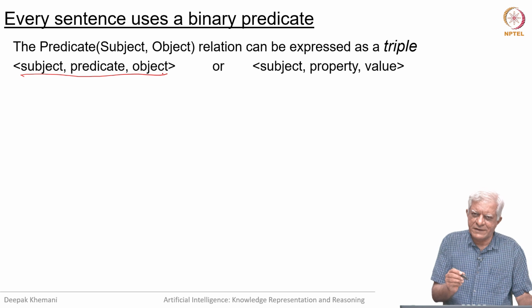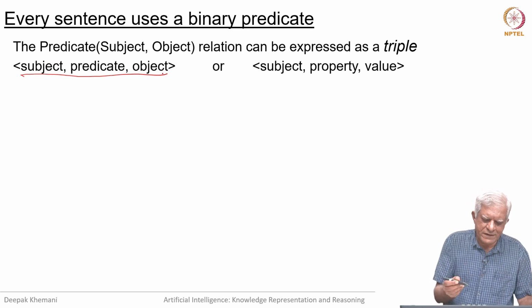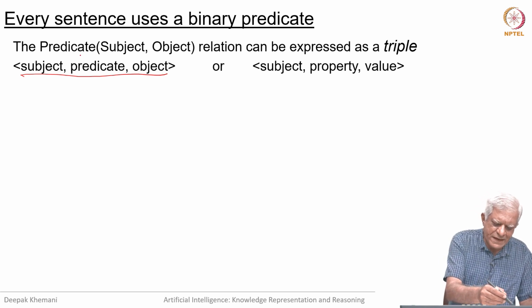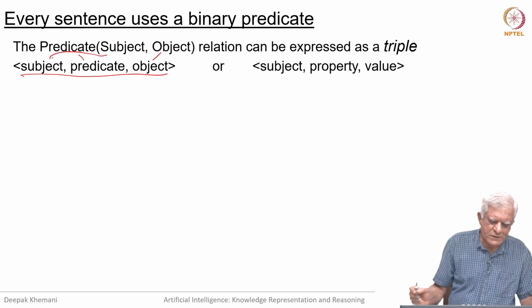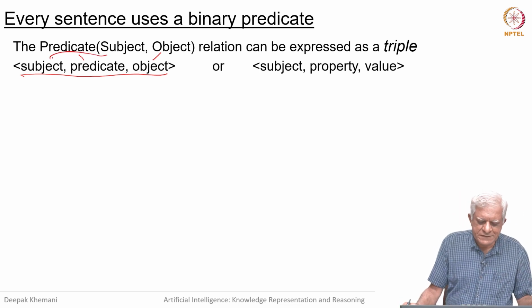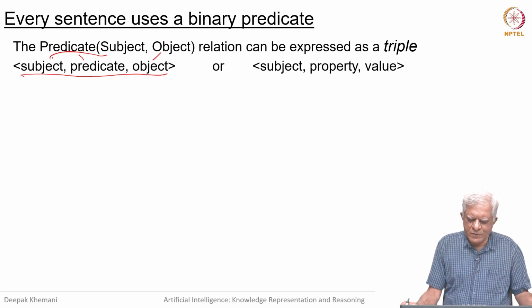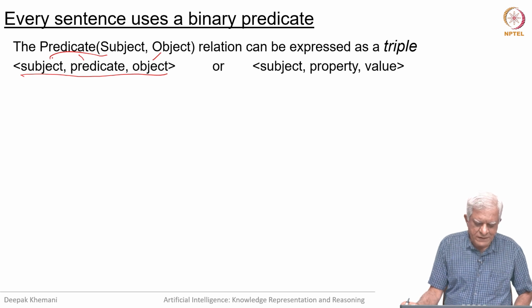The first element is the subject, the second one is the predicate, and the third one is the object. As you can see, it's the same 3 names that we had used earlier, but in a different order. Subject always comes first. The other way that people talk about is subject, property, value, but both refer to the same kind of thing.